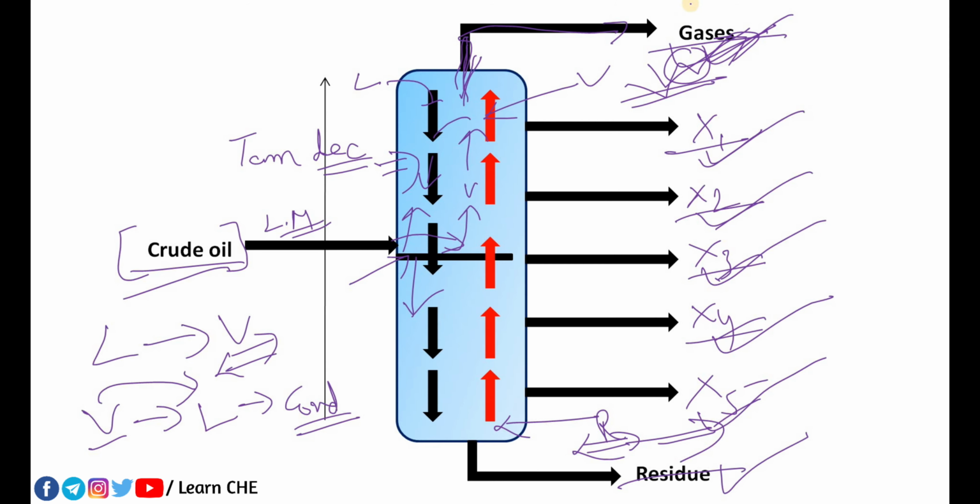Here the more volatile component will simply go upward, and in this section there is mainly a vapor phase, and in this stripping section there is a liquid phase, and in this liquid phase the composition of the less volatile component is higher. I hope you got this.